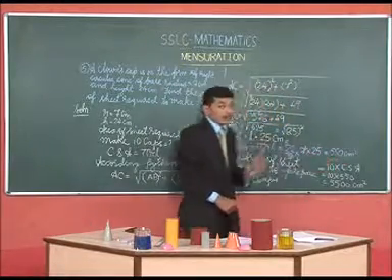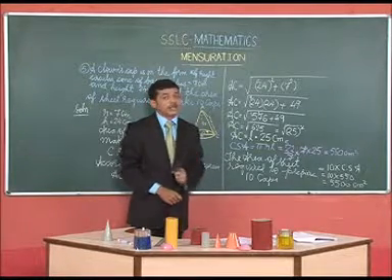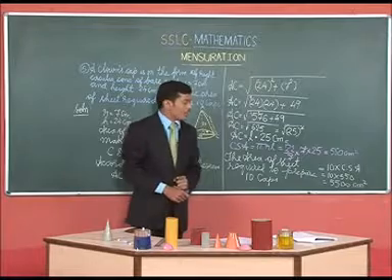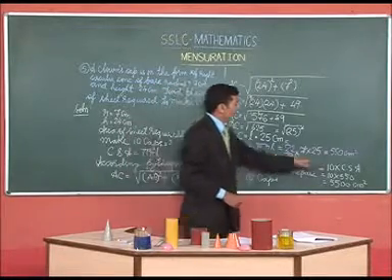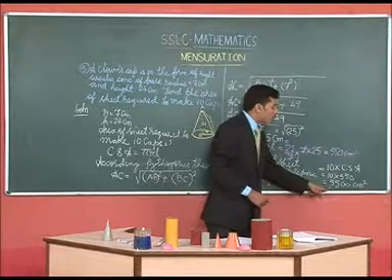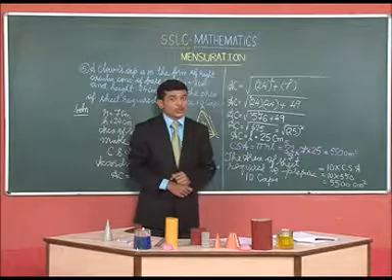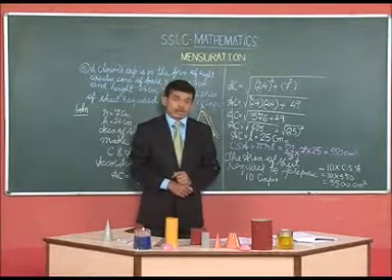But in the question, they have asked us to find out the area of the sheet required to prepare 10 conical caps. So for this reason, we have multiplied this CSA by 10. So when we did this, we got the value 5,500 centimeter square. So this is the area of the sheet which is required to prepare 10 conical caps.